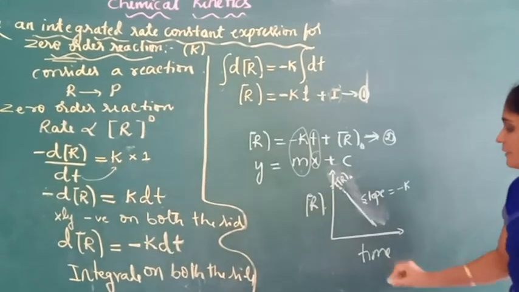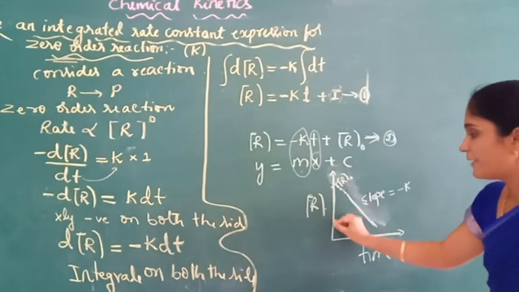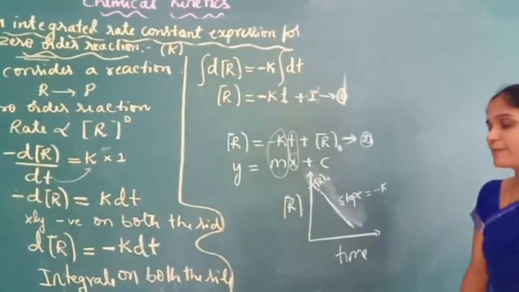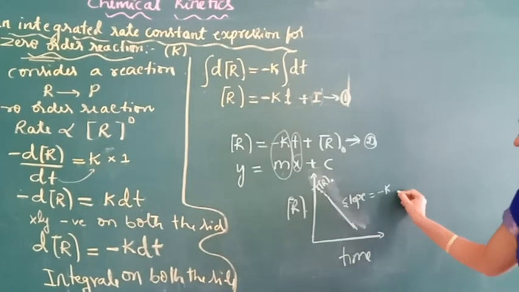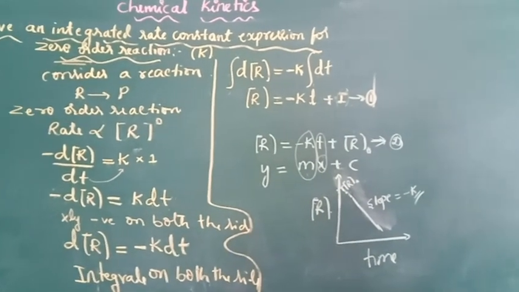So this is the graphical method of determining the rate constant for a zero order reaction. From the graph, we can also determine the rate constant for a zero order reaction.